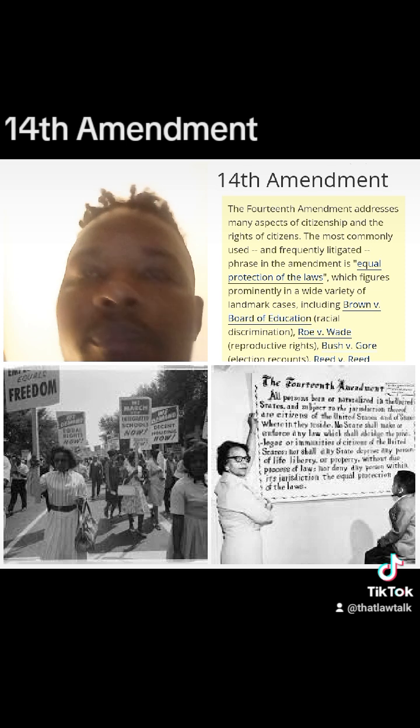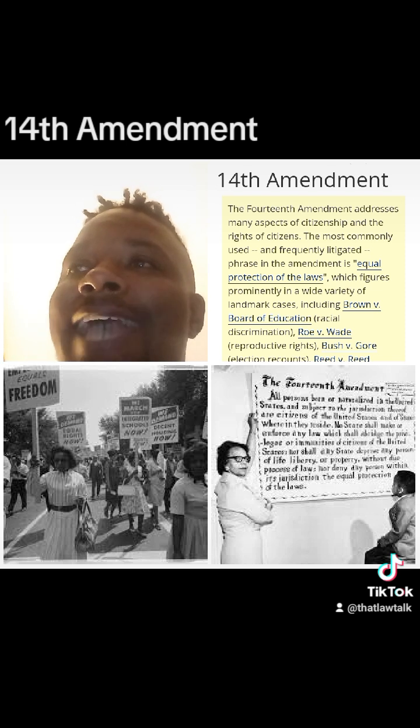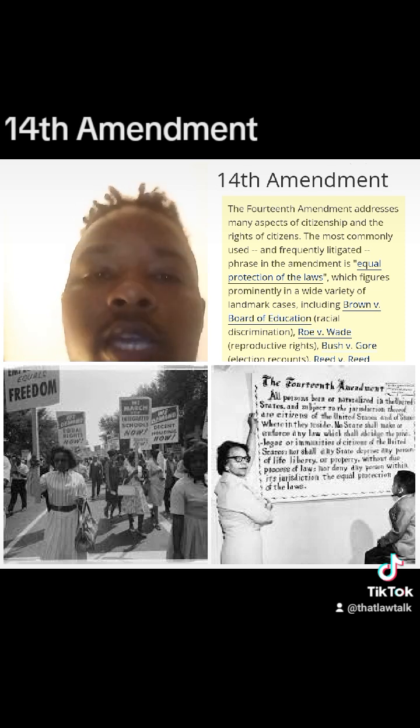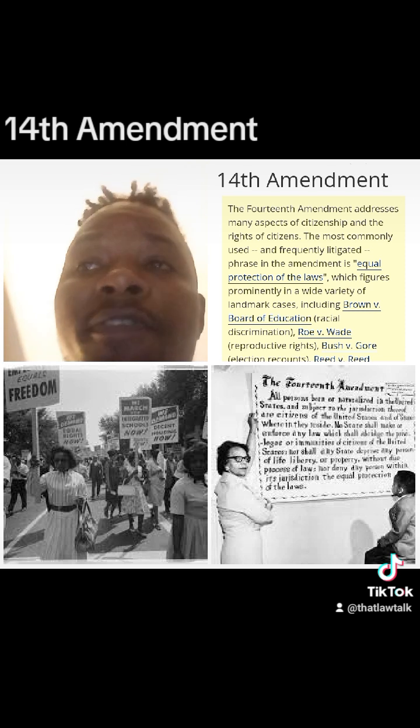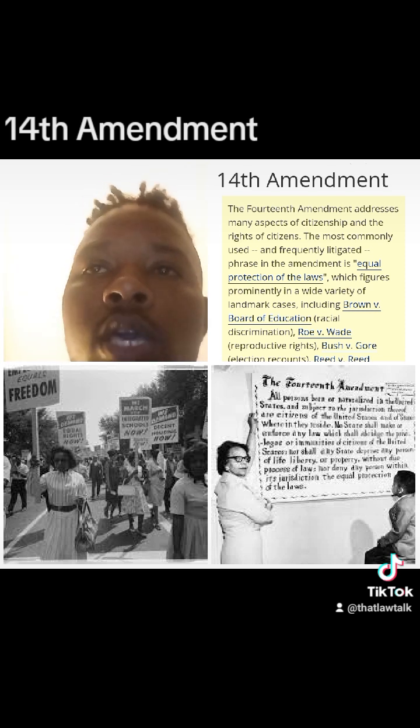Legal and social impact. The 14th Amendment has had a profound and lasting impact on American law and society. It has been invoked in numerous landmark Supreme Court cases dealing with civil rights, including Brown versus Board of Education, 1954, which ended racial segregation in public schools, and Obergefell versus Hodges, 2015, which legalized same-sex marriage.